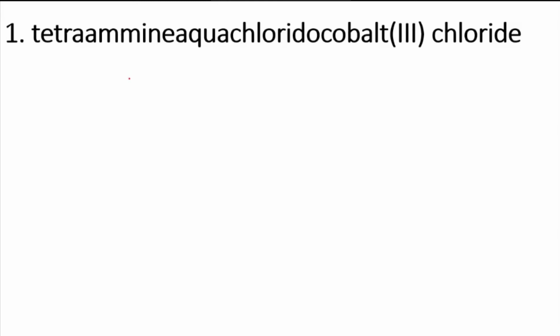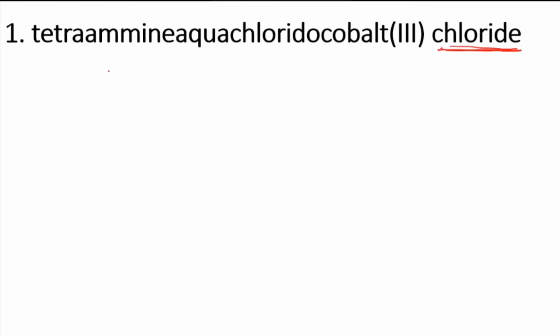Yes, very good. Cationic complex. Why? Because you can see at the end there is a negative ion. If at the end you find a negative ion, that means this whole complex is a positive complex, a cationic complex.